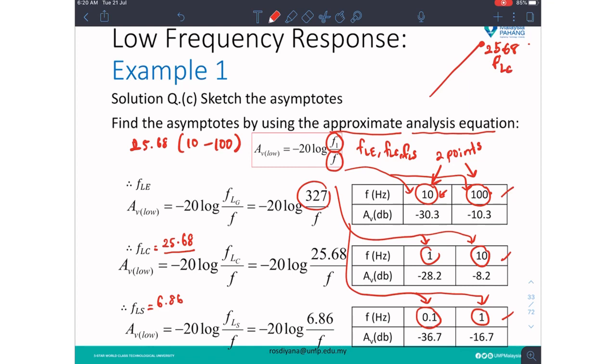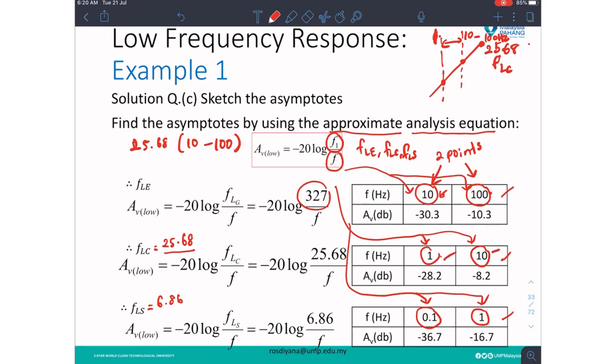Then to get another point here, we take a decade in front, so 25.68 is at 10 to 100 Hertz, and the decade in front is 1 to 10. So we get 1 and 10.